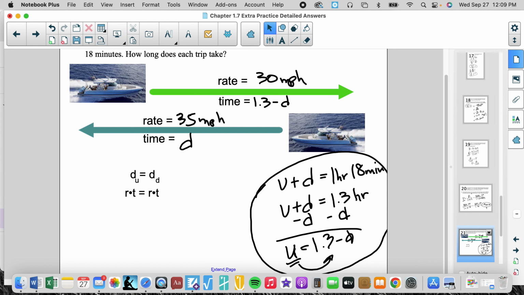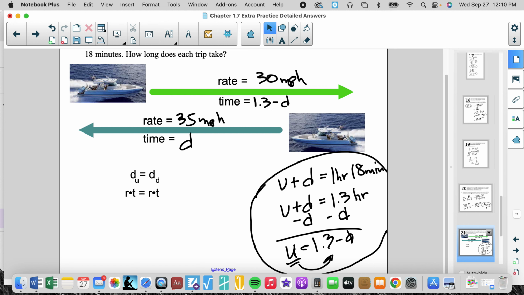When we have a solution problem, you often see the ability to use only one variable to represent two unknowns. We don't know how long they drive up. We don't know how long they drive down, but we know the total time was 1.3 hours. So using one variable, how can we represent the up and the down time? So we do it in this manner.